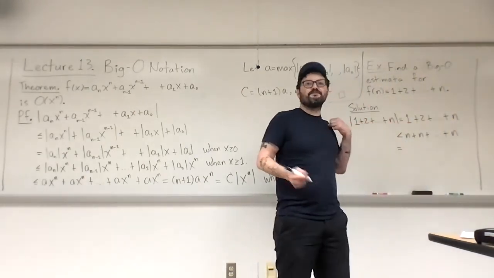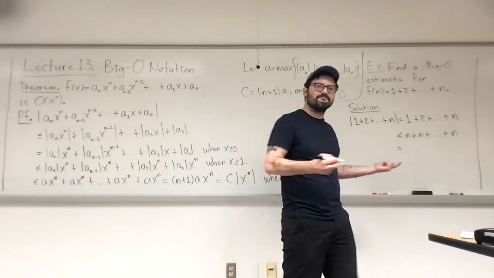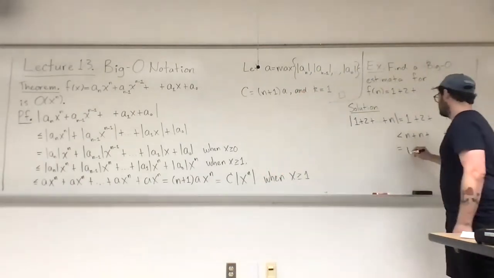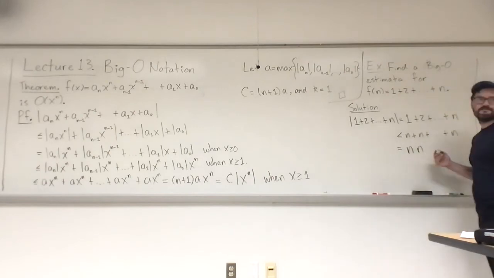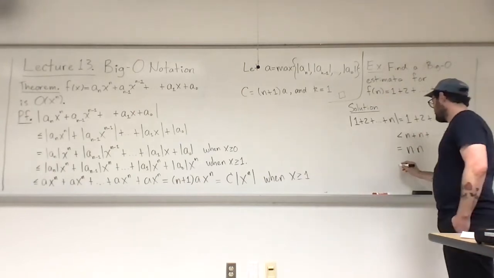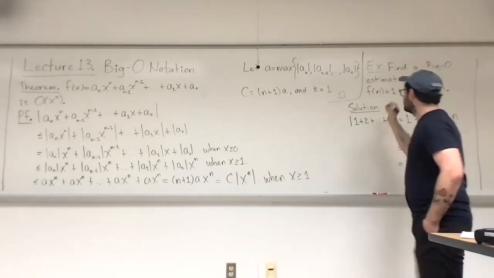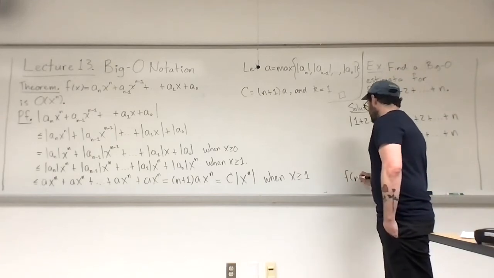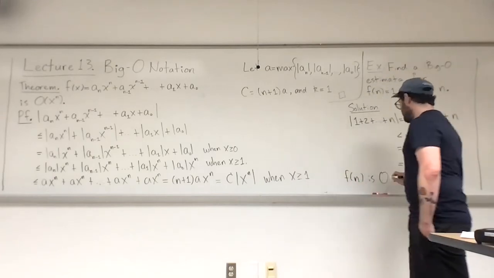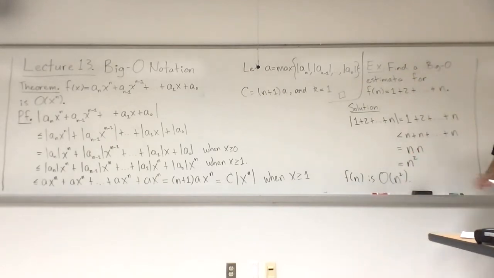There's n of them. Yeah, there's n n's. If there were 3 n's, it'd be 3 times n, right? But we know there's n of them. There's n times n, n squared. So then this function here, f of n, is big O of n squared. That's it.